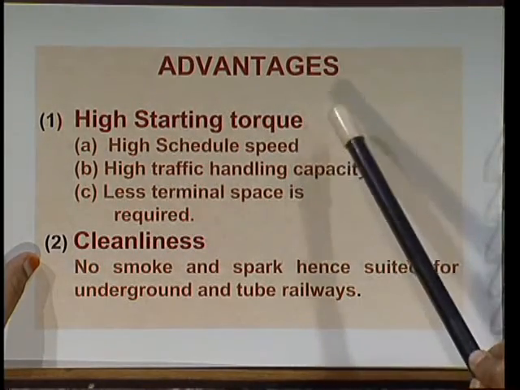Electric motors have very high starting torque, which results in high acceleration rates of 1.5 to 2.5 kilometer per hour per second. Instead, the steam engines have acceleration rates of 0.6 to 0.8 kilometer per hour per second.